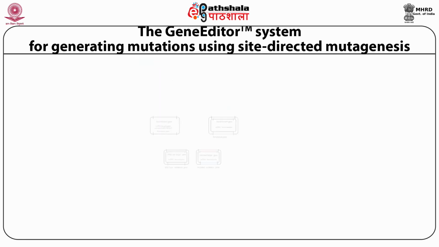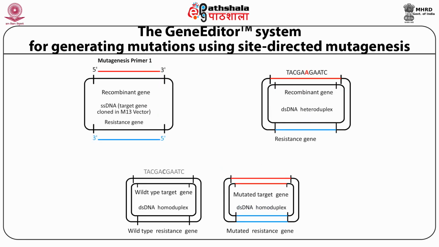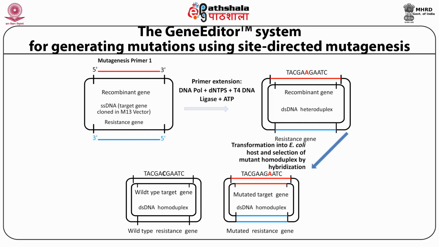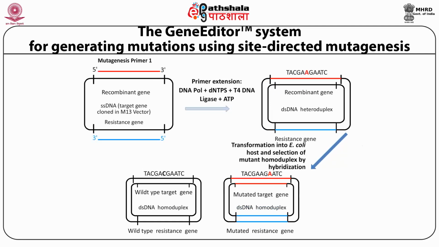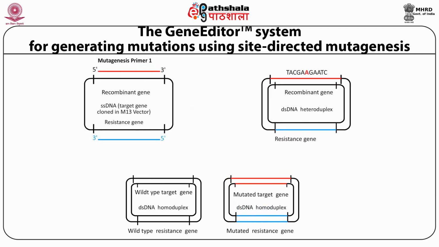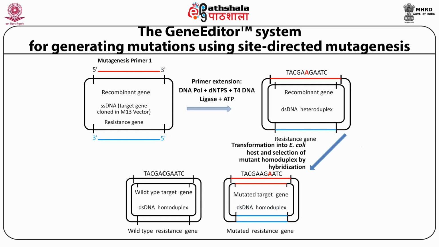So mutagenesis primer 1 is the primer which is actually carrying the mutation in it, whereas the resistance enhancing primer has the mutation in it which would lead to the enhancement of the resistance against the antibiotic. So both the primers here are performing their work.